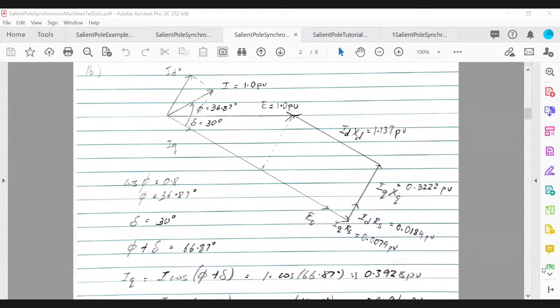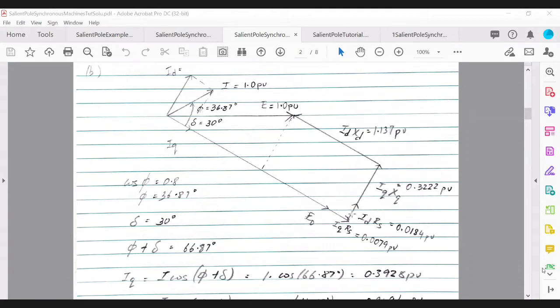Okay, so as you can see, you start with E naught and then you have IDXD, which is similar to what we've worked out in IQXQ. And then what I've done is I've added two components here, right? So one is IDRS, which is parallel to ID.